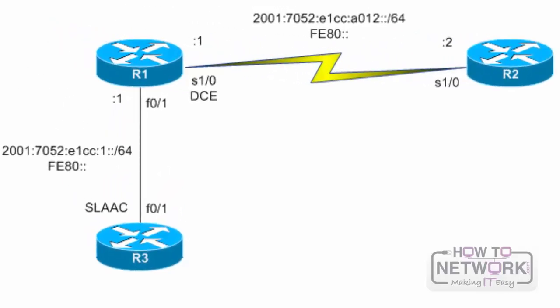This is our topology for this lab exercise. In Lesson 2, we had only routers R1 and R2 that were running both IPv4 and IPv6. Now they are running only IPv6, but there is an additional router, R3, that is connected to the Ethernet segment to router 1 and is acting like a host using stateless address auto-configuration.